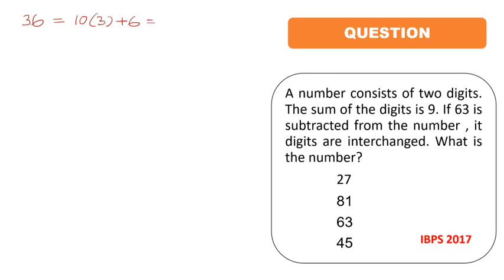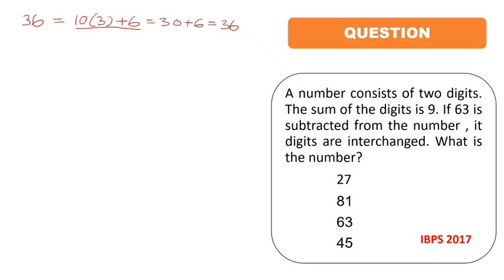30, that is 10 into 3, plus 6, so we got the number as 36. When we talk about the number 36, 3 and 6 are the digits, whereas the number we have to write as 10 into 3 plus 6.